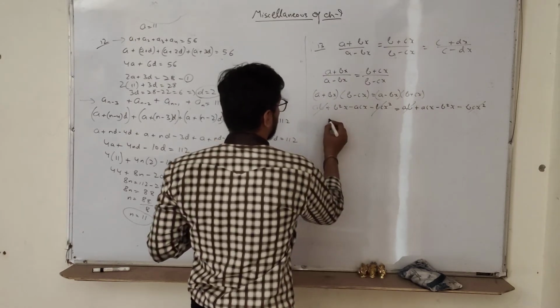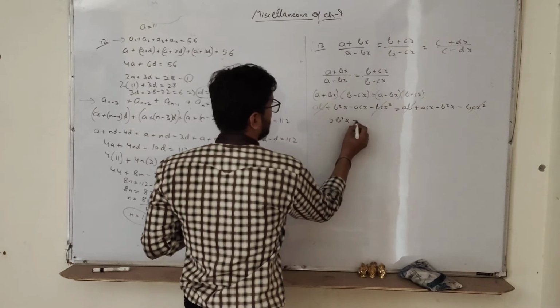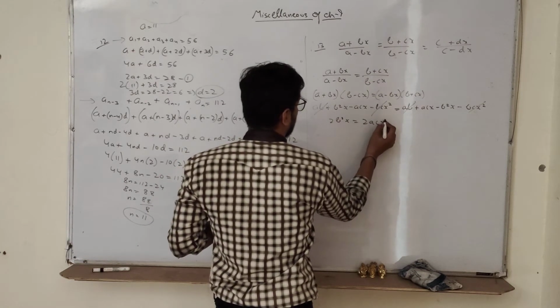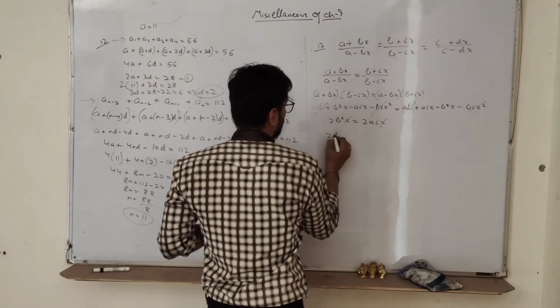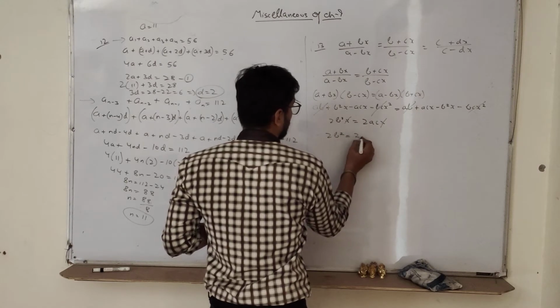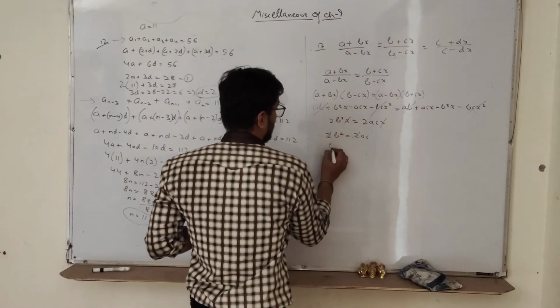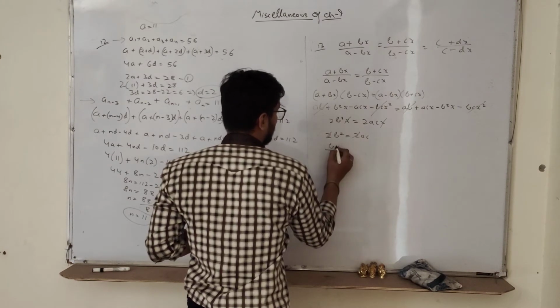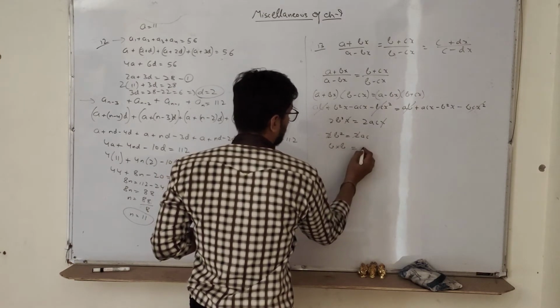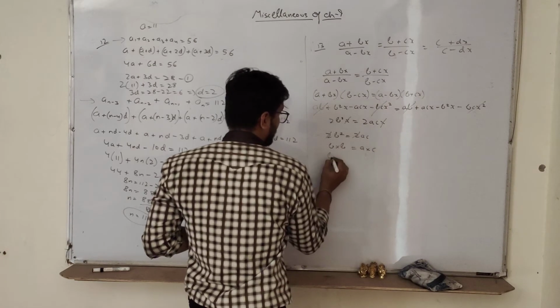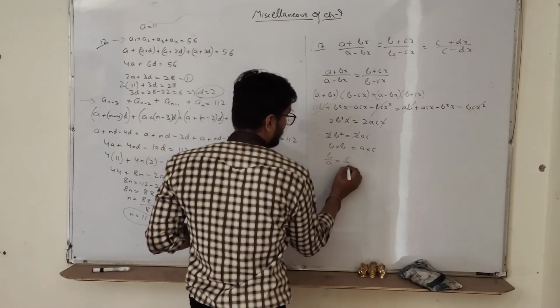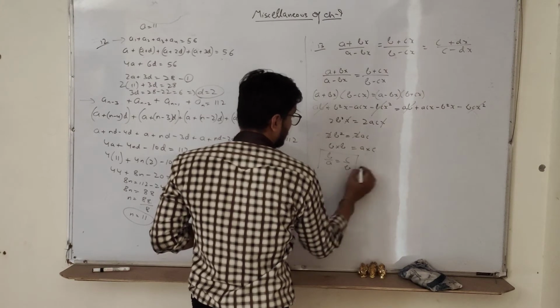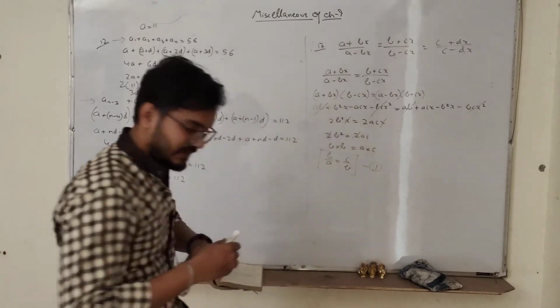So 2b square x is equal to 2acx. So x to x cancel, 2 to 2 cancel, b square is equal to ac. We can say b into b is equal to a into c. So b upon a is equal to c upon b, right? This is the first condition.